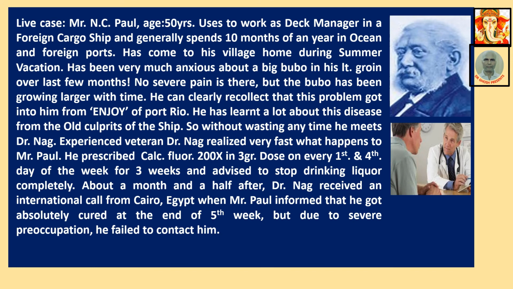Old culprit means a person who is already suffering from syphilis. A lot of crewmen used to suffer from this disease because, for enjoyment, they go to various places, and these professional women are just a good source of spreading this syphilis.